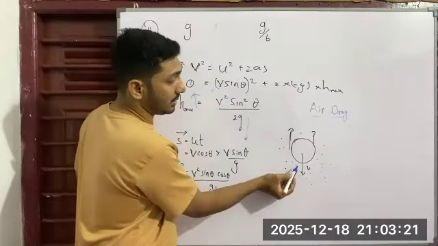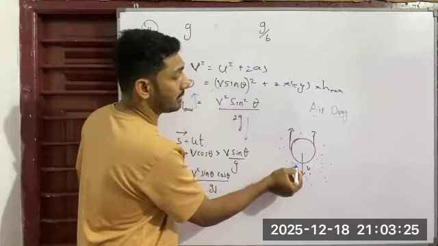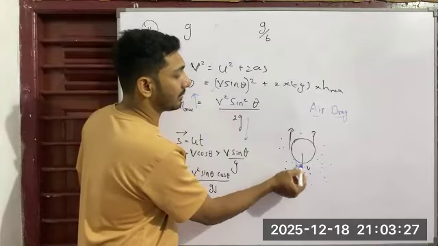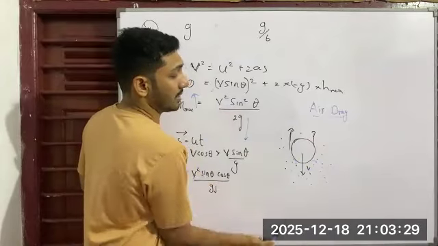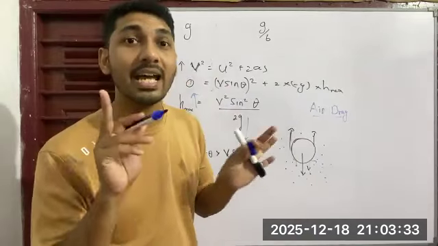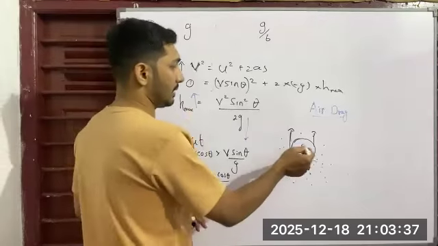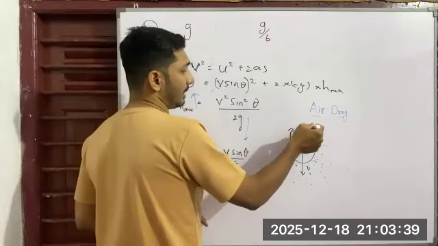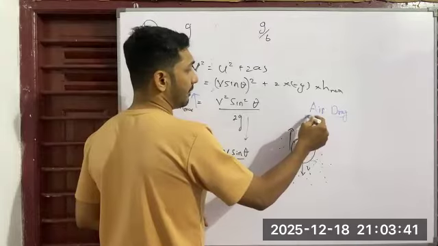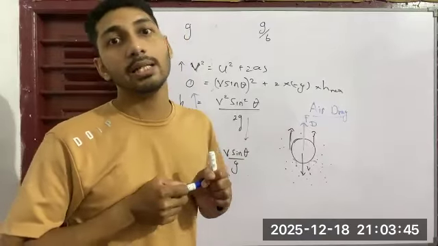In addition to that, these molecules will go and collide, right? So they will create an impulse that creates the air resistance or drag. That will also be in this direction, F_D, opposite to the direction of velocity.